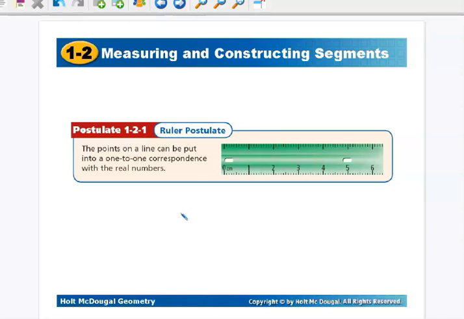It says the points on a line can be put into a one-to-one correspondence with real numbers, meaning I can line this ruler up with 2 points, and those points are going to correspond to 2 numbers on my ruler. In this case, it might be 1.5, and this might be 5. So that's the ruler postulate.